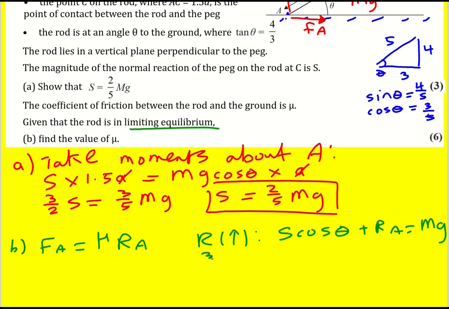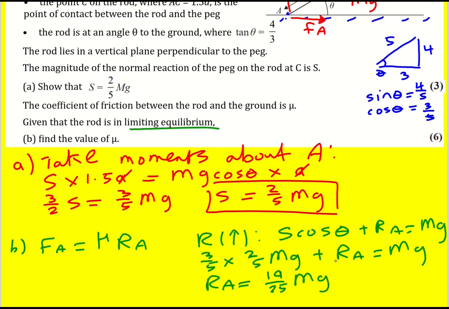So that means 3/5 times 2/5 capital mg plus RA is equal to capital mg. That is 6/25, so RA is going to be 25/25 minus 6/25, 19/25 mg.